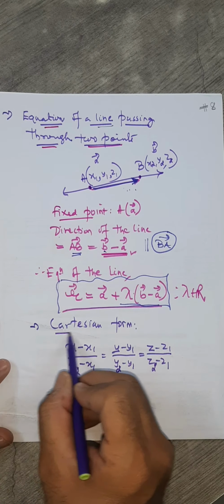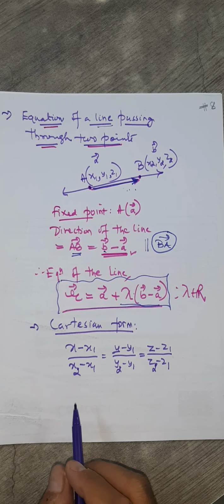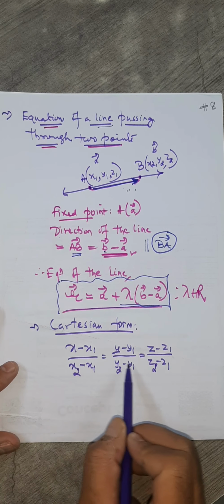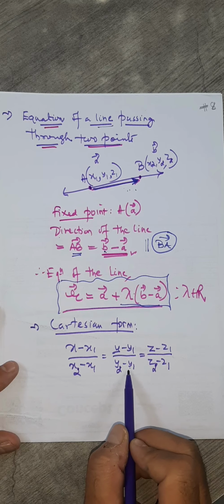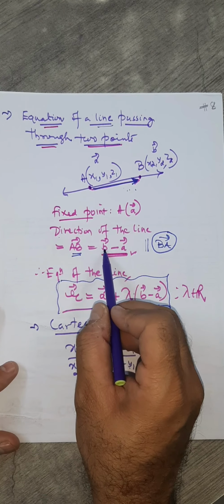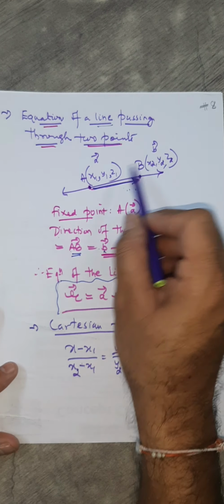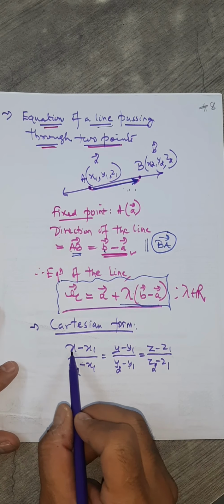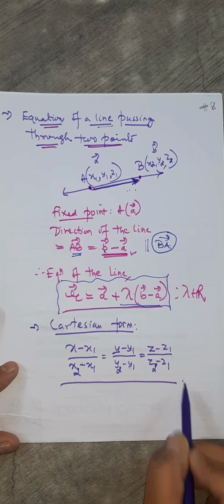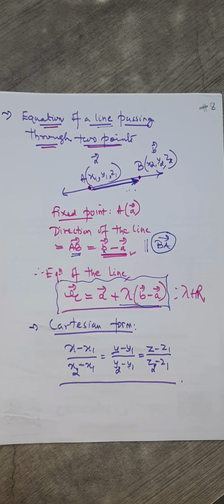Remember, that's the Cartesian form of the line, right? This comma this comma this represent the direction of the line, which is vector AB, which is B minus A: x2 minus x1, y2 minus y1 and z2 minus z1. The numerator is the same. So this is the Cartesian form when you are given 2 different points.